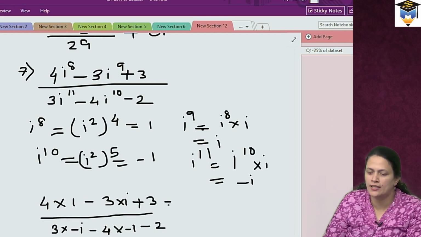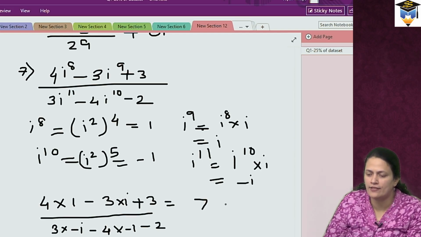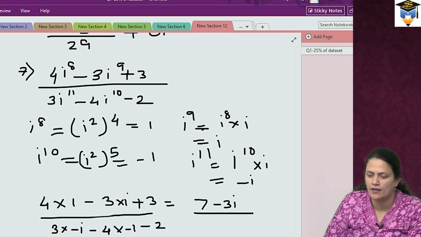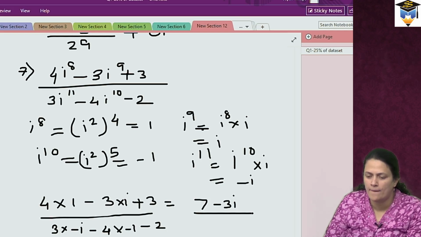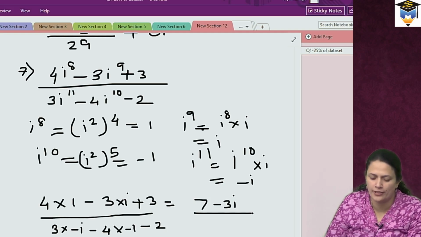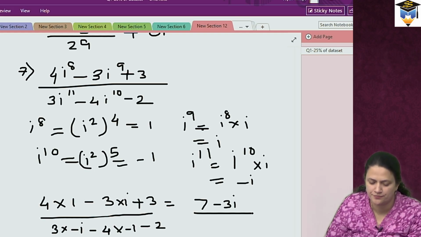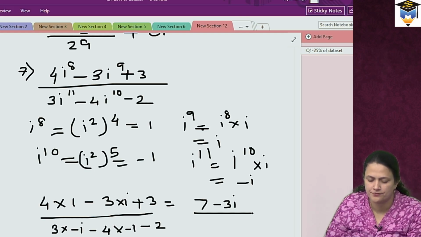So this is nothing but 4 plus 3 is 7, 7 minus 3i upon, tell me what will be in the denominator part. 2 minus 3i.